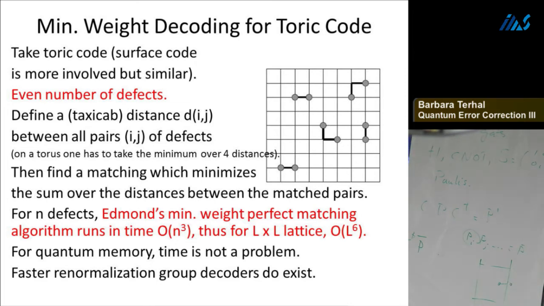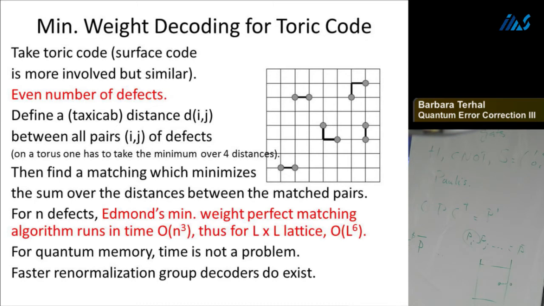But in the Toric code, I don't have a boundary. So I have an even number of defects, and I want to match them. So I want to pair them up such that I minimize the overall distance, the sum of the distances between them. Now, you have to define some distance. It could be a taxi cab distance.